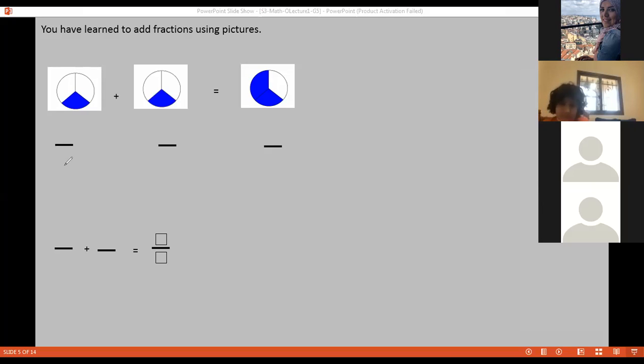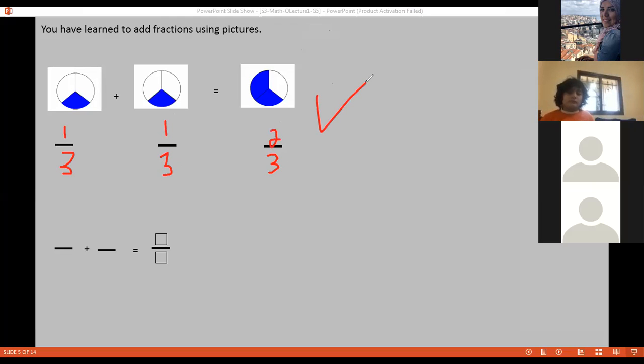Yes. And what about the second figure? 1 out of 3. So both of them, if I want to join them in one drawing, how many parts are colored? 2 out of 3. So that's how we add them using figures.